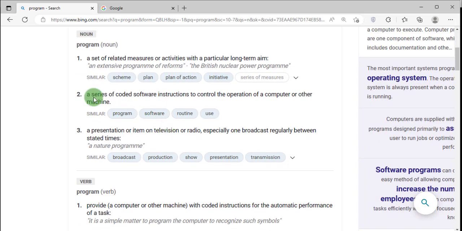The second definition it has provided us is that a program is a series of coded software instructions. Software is mostly used in computers and in machines. We are not studying this right now; this is the second paradigm of having a program.